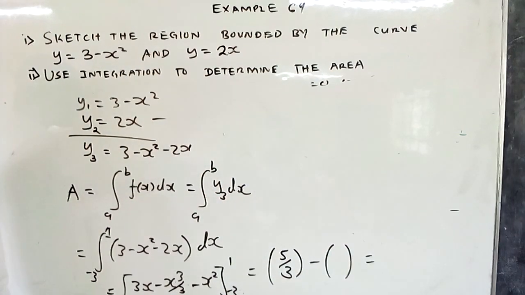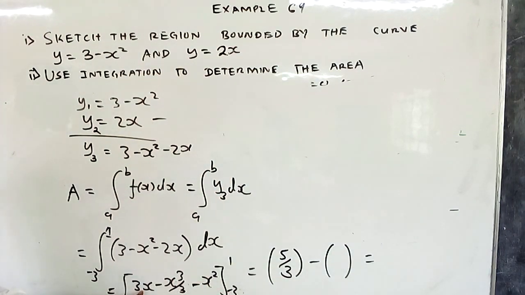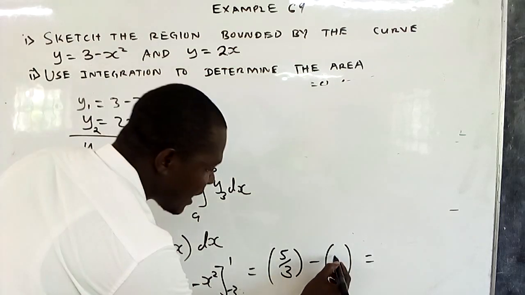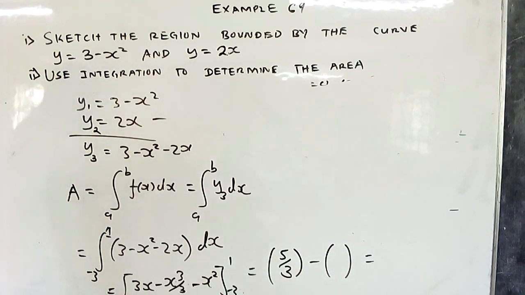Then give me the lower limit when you put -3 where x is. This will be plus 9, positive 9, that is 18, then 18 minus 9. I can see the answer is 9. What do you have?